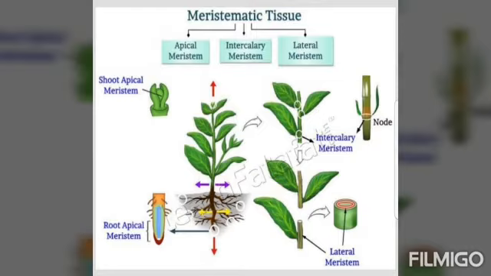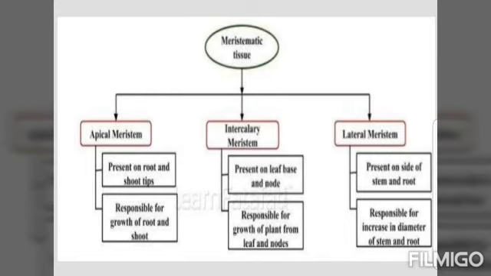They are cylindrical. Fascicular vascular cambium, interfascicular cambium, and cork cambium are examples of lateral meristems. These are responsible for producing the secondary tissues.